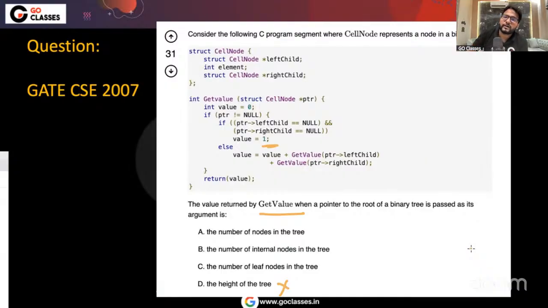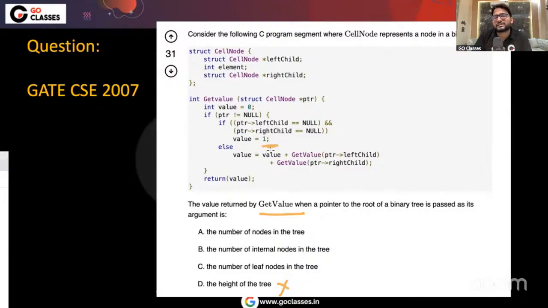You can see if left and right both are null, then the value is 1. So actually it is getting satisfied in all the cases. Suppose one of them is not null. If left is not null, right is not null. See, it is definitely not counting the internal nodes.